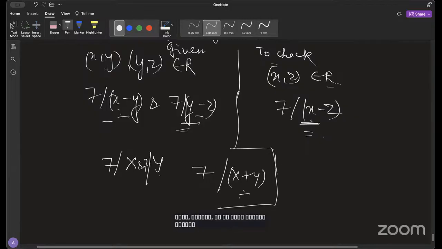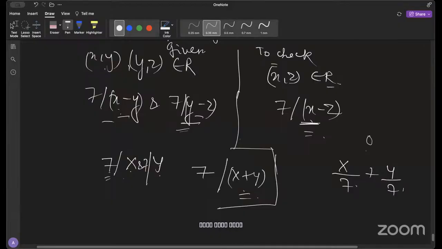I just want you to observe that if a number divides x, it could be any number, but we've taken 7 here. If 7 divides x and 7 divides y, this means when you divide x by 7, the remainder is 0, right? And when you divide y by 7, the remainder is 0. So you get a number here, right? That means x plus y is also divisible by 7, isn't it?